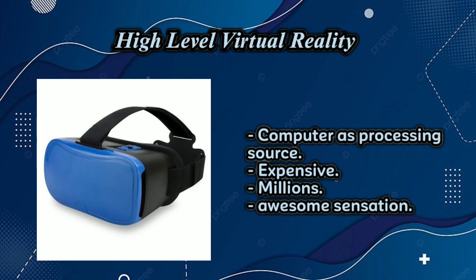An example of this type of VR device is the HTC Vive, which uses a computer as a processing source. Apart from the example above, a game console that uses this kind of device is PlayStation virtual reality.